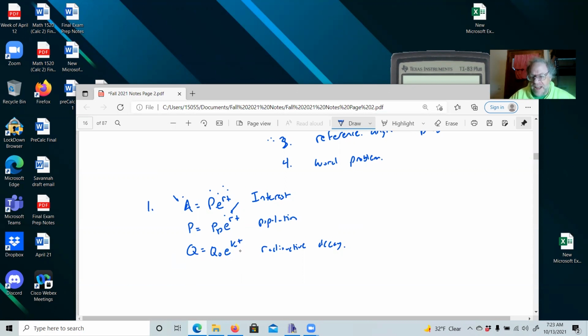Okay, so if we're talking about half-lives that are in days, T is going to be in days. We're talking about half-lives that are in years, T is going to be in years. Okay, same thing with populations, right? If you're growing bacteria in a lab setting, your half-lives are probably in hours. Okay, so time is going to be in hours. Okay, so that's what we're talking about there.